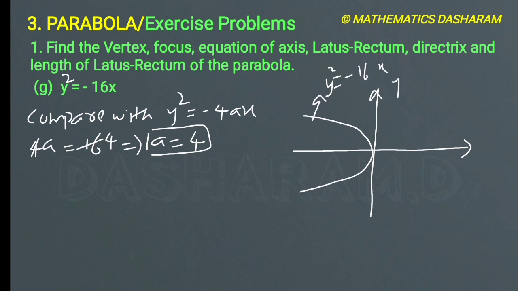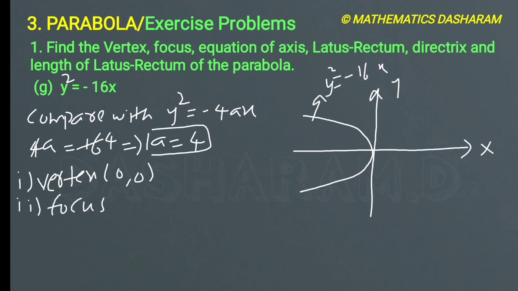So the first answer is the vertex. The origin is the vertex, so it is 0 comma 0. The second one is the focus. Focus means fixed point, so the fixed point is minus a comma 0, so minus 4 comma 0.